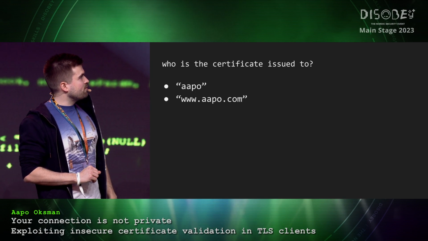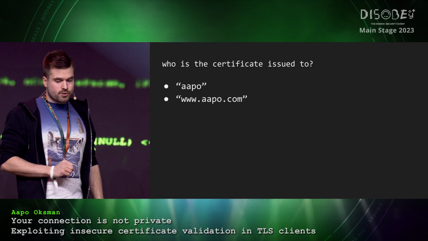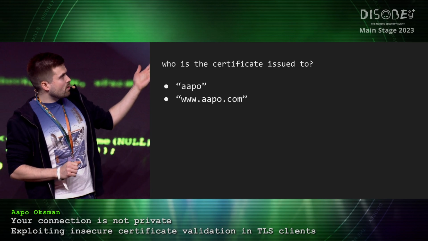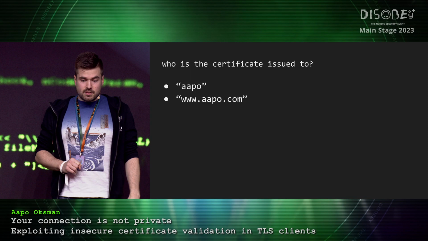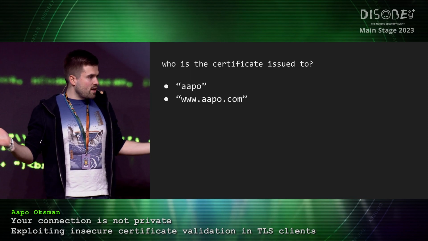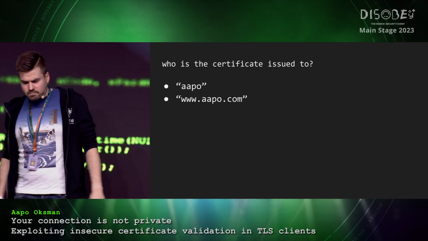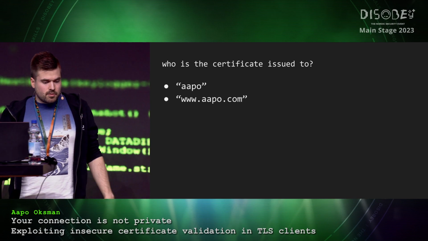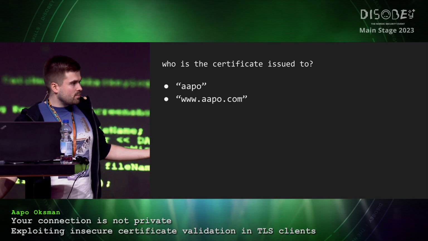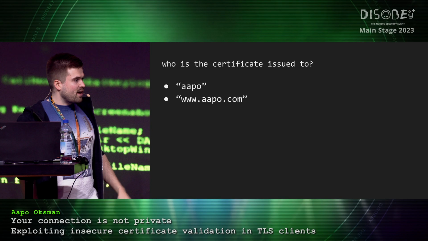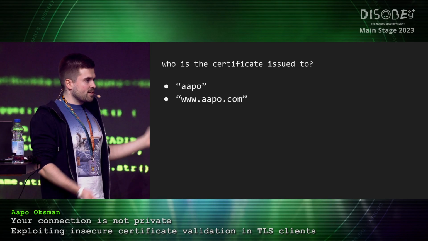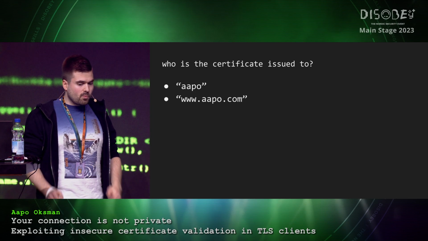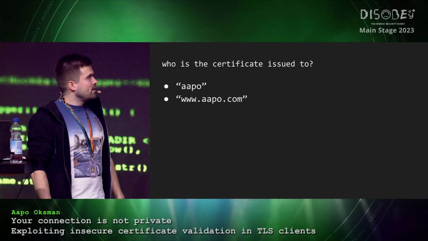There's the question of who the certificate is issued to. It could be issued to Aapo. It could be issued to my website. It could be issued to whatever. The specification of the certificates doesn't specify what you can actually certify and what you can certify them to do.